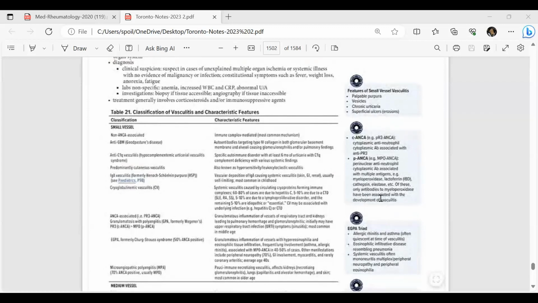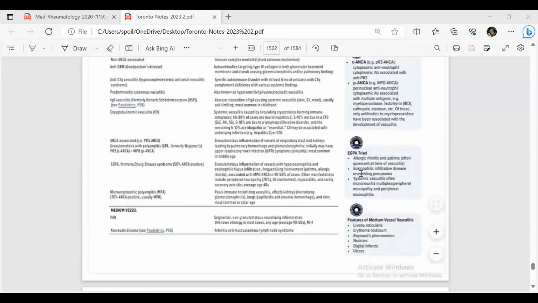Of all these, antibodies to myeloperoxidase have been associated with development of vasculitis. Those are the perinuclear anti-neutrophil cytoplasmic antibodies.